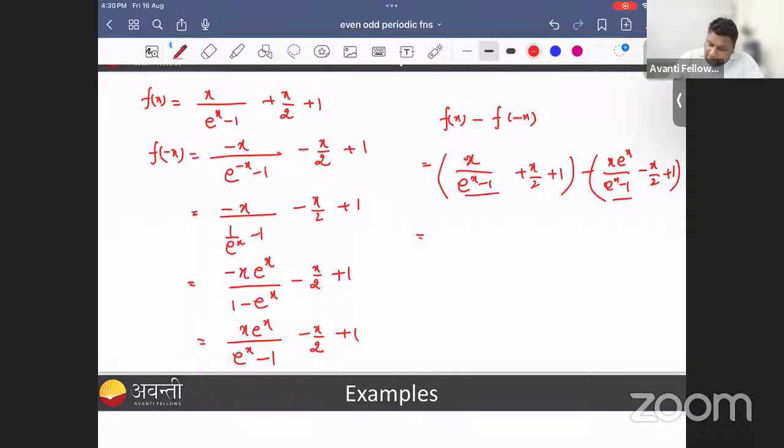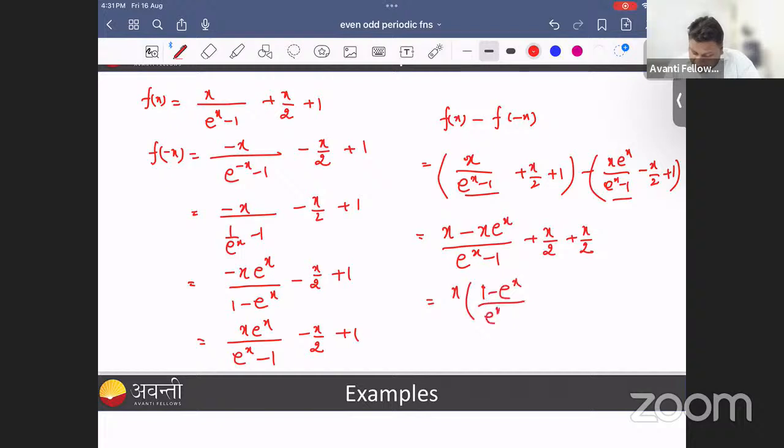Now from this and this, x minus x e to the power x upon e to the power x minus 1, plus x by 2 plus x by 2, and 1 cancels. Got it? Now if you take x common, you get 1 minus e to the power x upon e to the power x minus 1, plus x. Now if this cancels, it comes minus outside, so it is minus x plus x, which comes 0. So it becomes what? Even function.